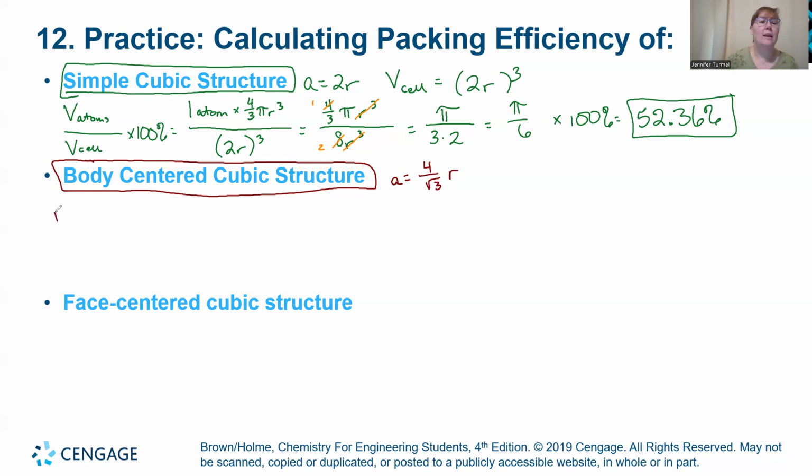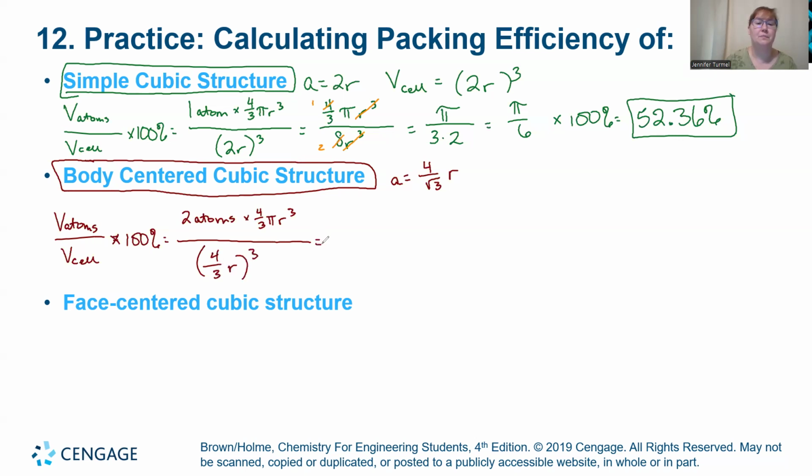Again, it's the volume of the atoms over the volume of the cell, and I'm getting these formulas from previous slides, times 100%. Body-centered cubic has 2 atoms per unit cell, times 4/3 pi r cubed, over the volume of our cell, which is (4 over root 3 r) cubed.